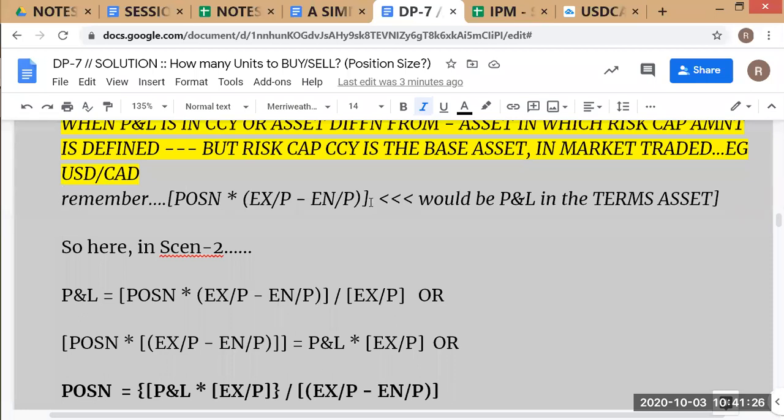The first component generates the trade PNL in the terms currency, terms asset. The second component is dividing by the exit price; it could have been multiplying also. Why is this second component required? It's required to convert the terms currency PNL to risk capital currency. Is everyone following so far?